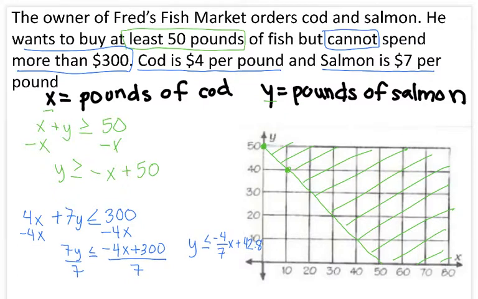So again, this equation is in slope-intercept form. We have our intercept, 42.8, and our slope, negative 4 over 7. Graph this. 42.8 is about here. It is between 40 and 50, and is closer to 40 because it is less than 45.